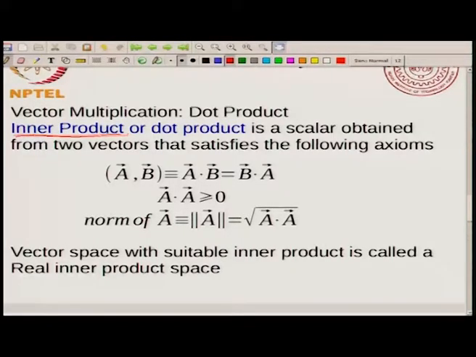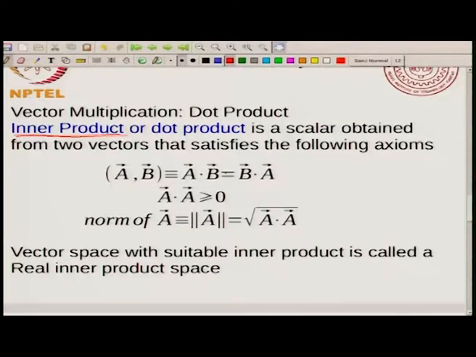So what is it? It is a scalar that you obtain from two vectors, and that should satisfy certain axioms. So what are the axioms of an inner product? So the inner product of two vectors A and B, this is a notation, there are two ways to show it. You can show it either as A comma B, or as A dot B. These are equivalent ways of saying it.